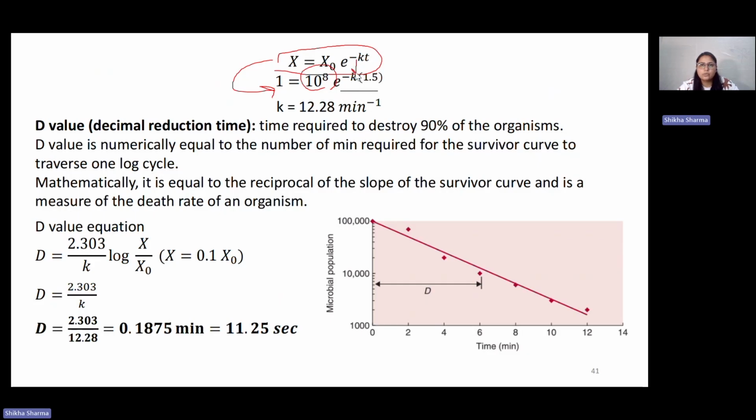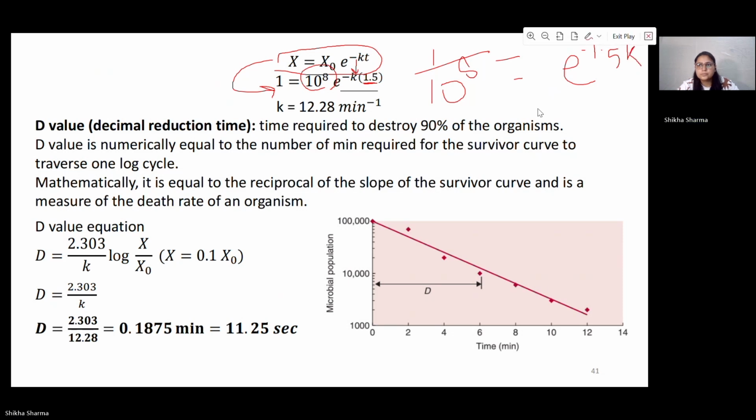K is what we need to find, and t is 1.5 minutes. So when we solve this, it will be 1 by 10 to the power 8 equals e to the power minus 1.5 k.